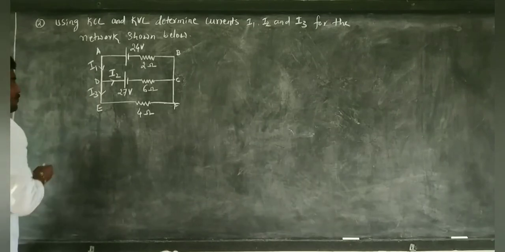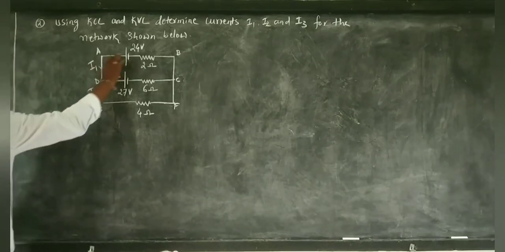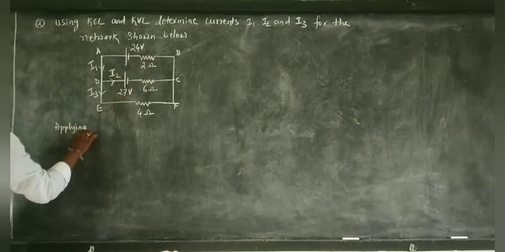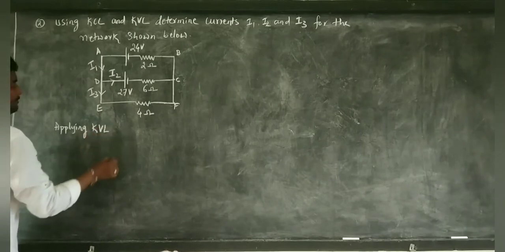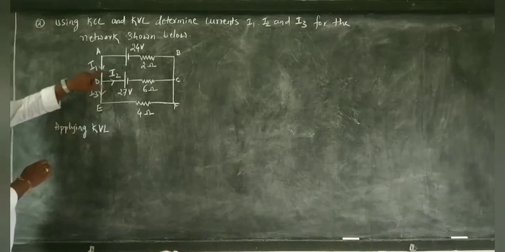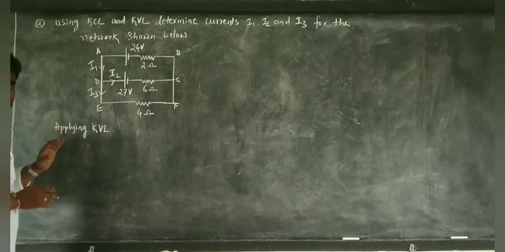So for this, first consider this loop, applying KVL. See here, I1, I2, I3, three unknown currents are there, therefore we are supposed to use minimum three equations here.